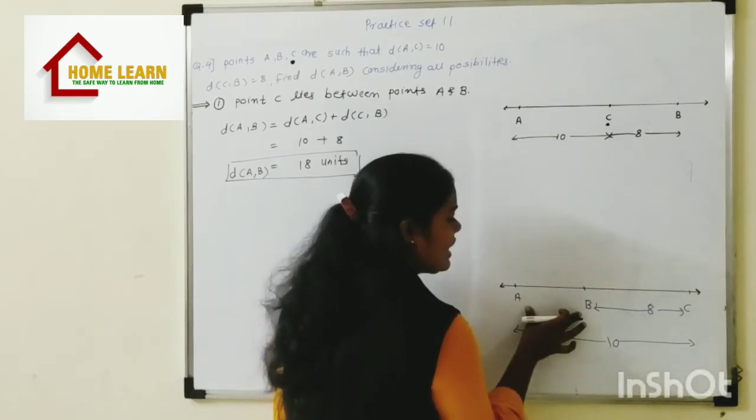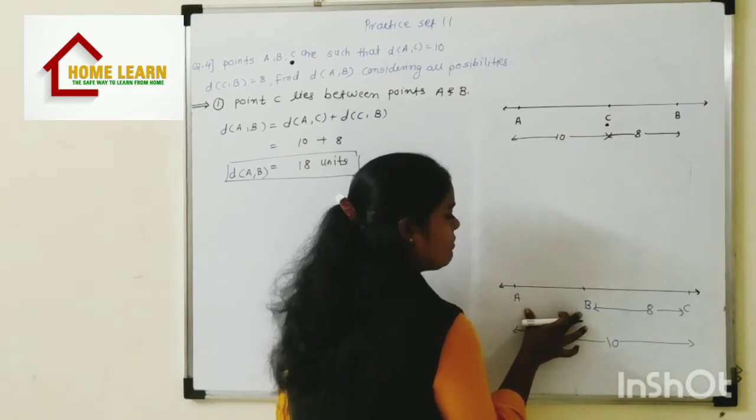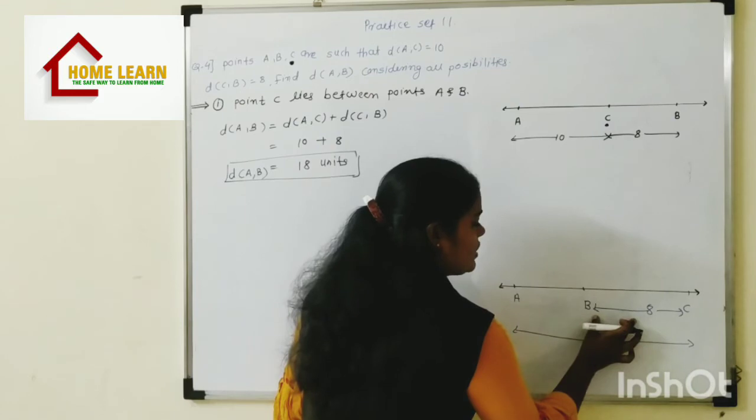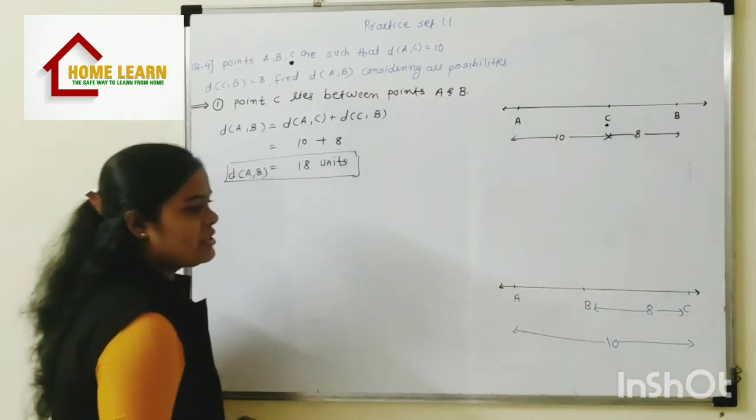Then we can easily calculate the distance between points A and B by subtracting the distance of BC from the distance of AC.